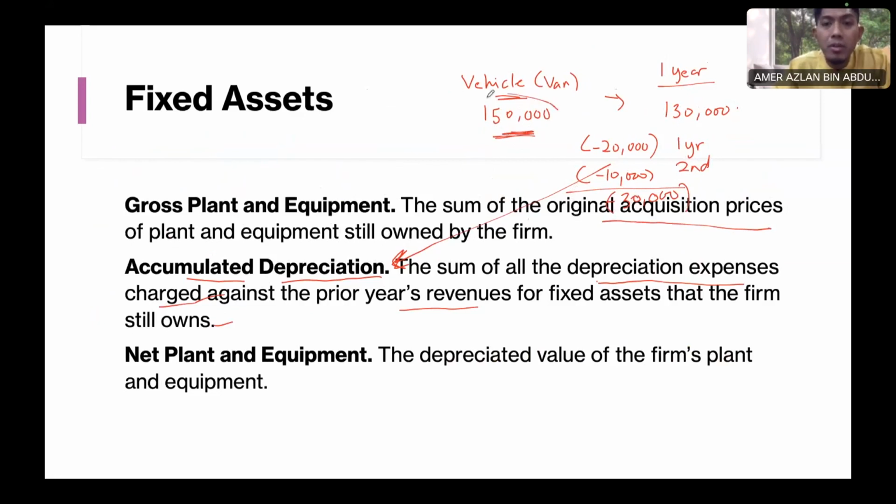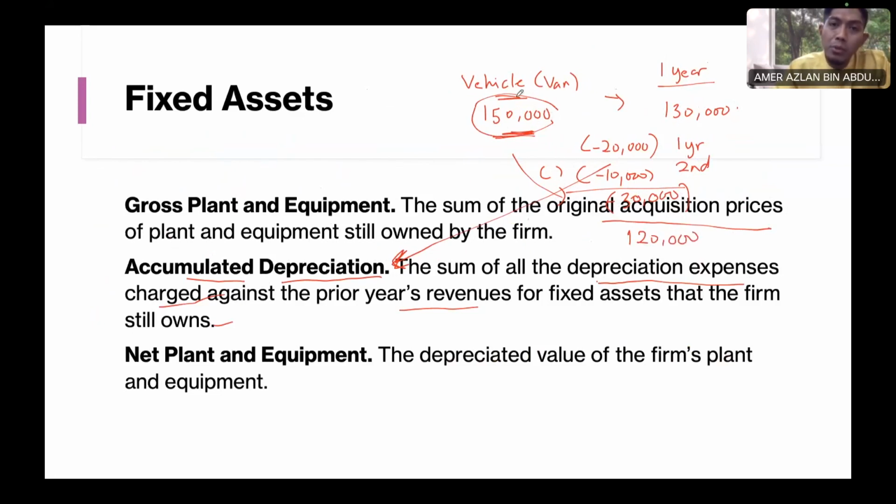This is the original price. And then it depreciates in value, 30,000. So 150,000 minus 30,000, what's the value in balance? 120,000, right?